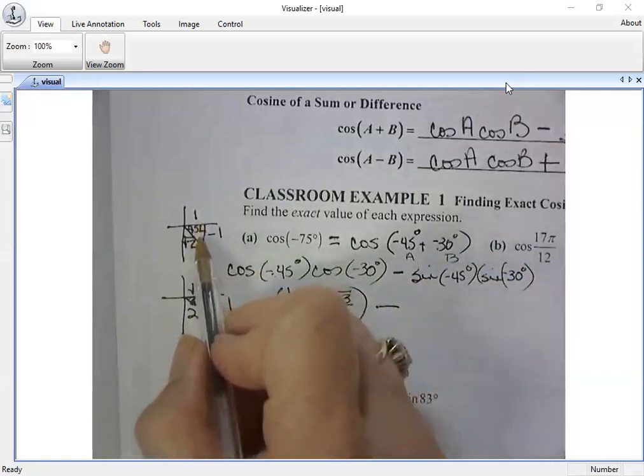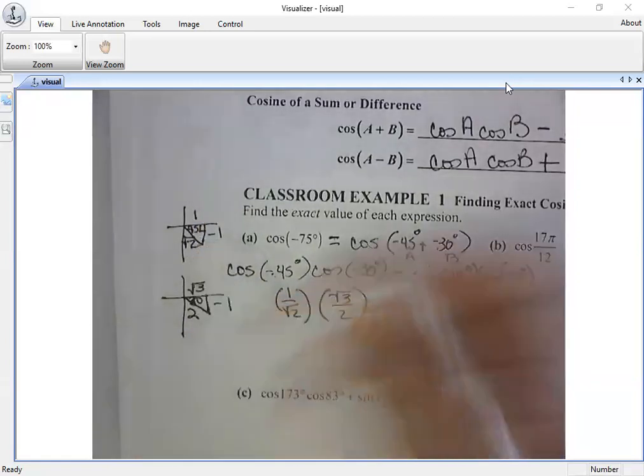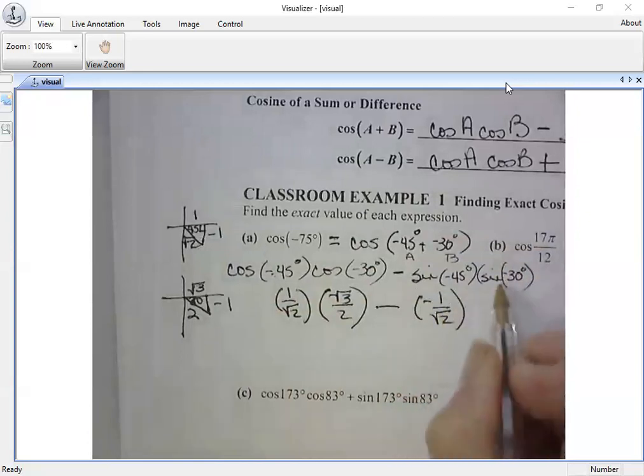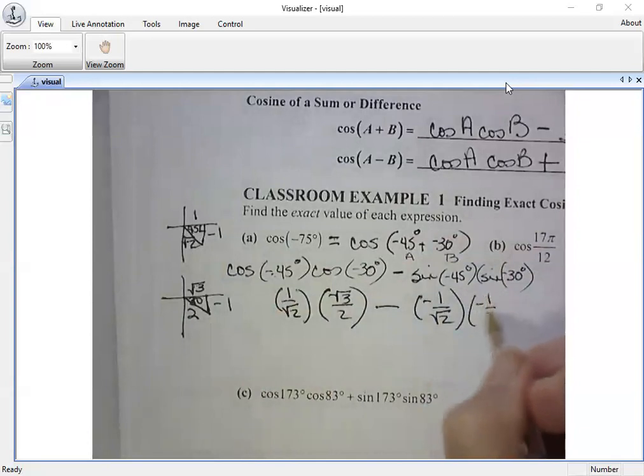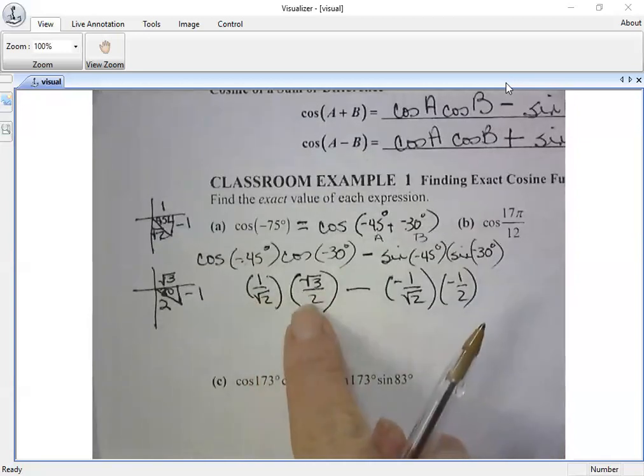So if I come up here and get the sine, it's going to be, good, negative 1 over square root of 2. And what would the sine of negative 30 be? Negative 1 over 2. Does that make sense? We're doing this because it says exact. So we're not getting decimal approximations. We're keeping the radicals and fractions and everything the way that they are. Now, can I multiply these together?